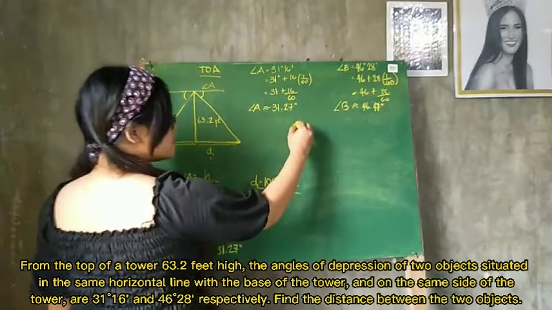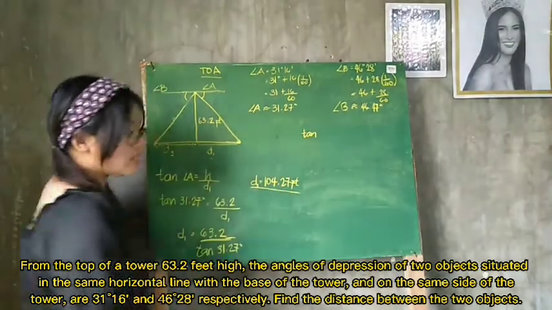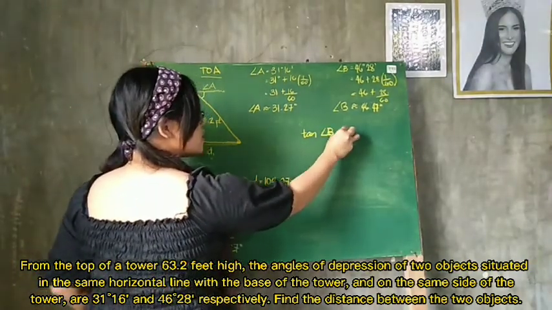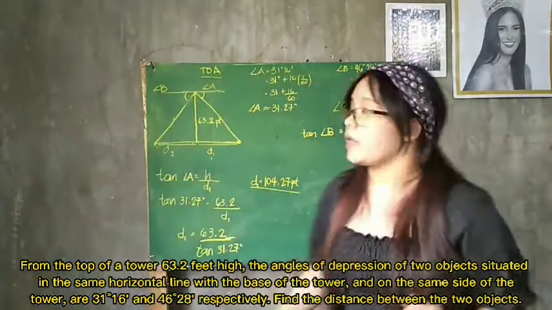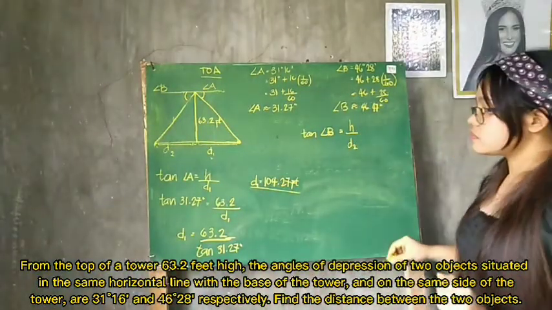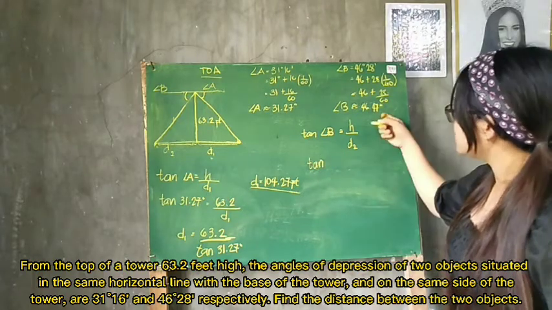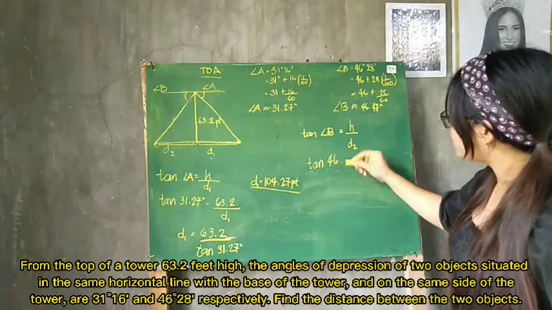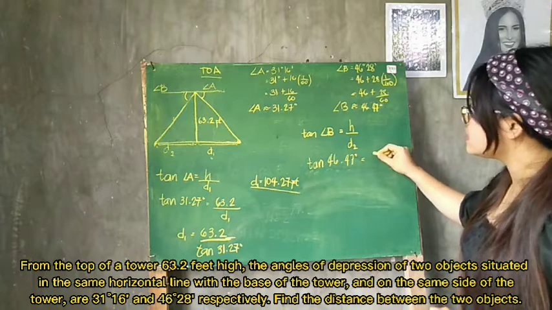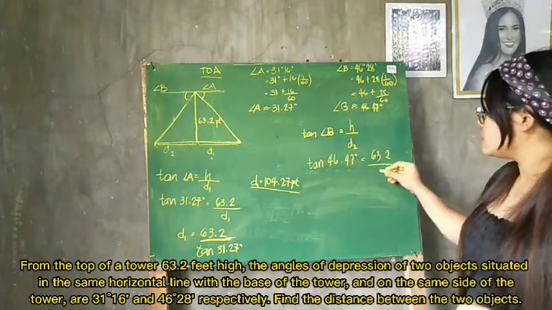We have tangent angle B is equal to height over the distance 2. Then tangent, our angle B, 46.47 degrees, is equal to height, 63.2 feet, over the distance 2.